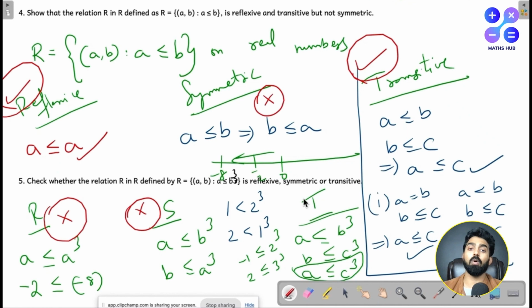And this will hold true in all cases in this relation. So this relation is transitive. Great. Let's move to the next question.